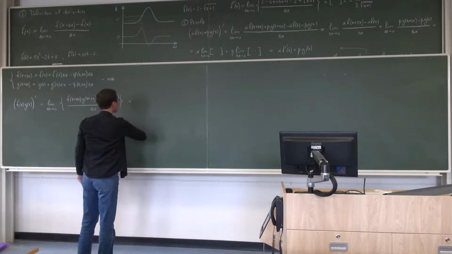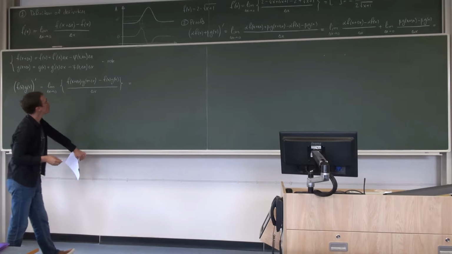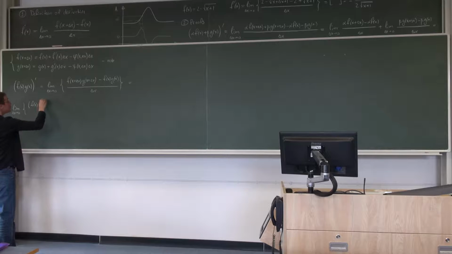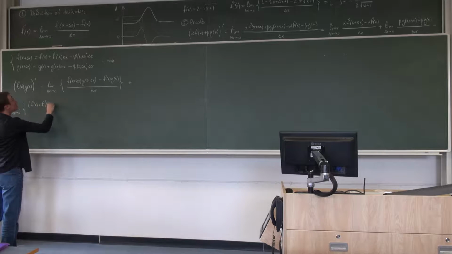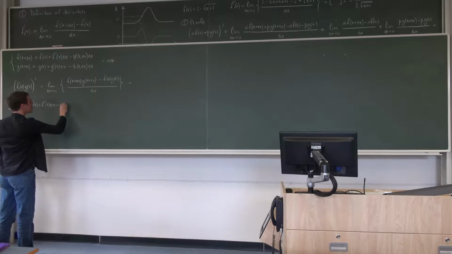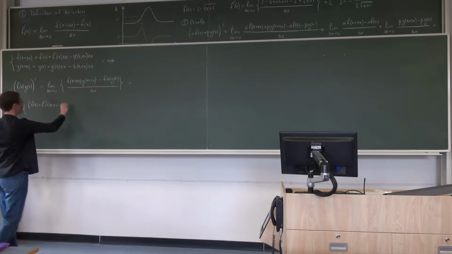That will be the limit. And I now need to be parsimonious with my whiteboard because this is big. Limit as Δx goes to 0 of that entire expression, so f(x) plus f'(x)Δx minus φ. I'll be skipping the arguments for brevity. φΔx.